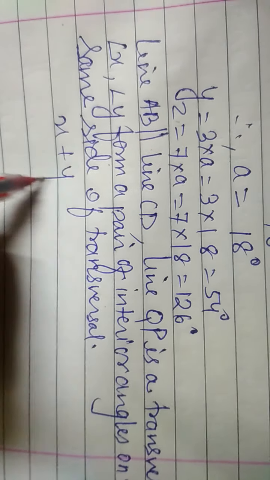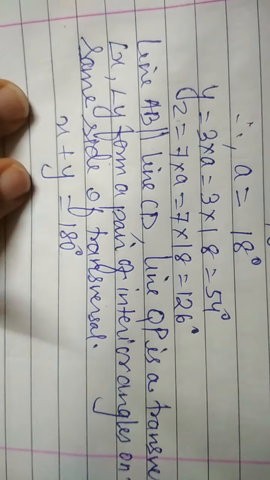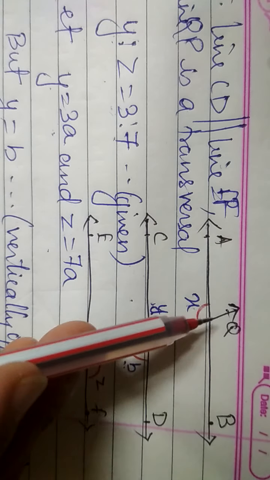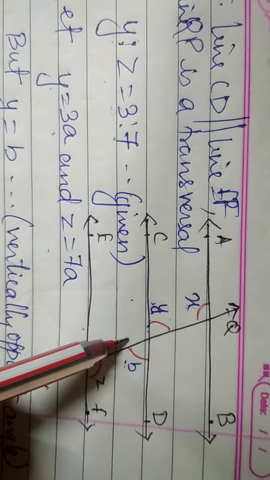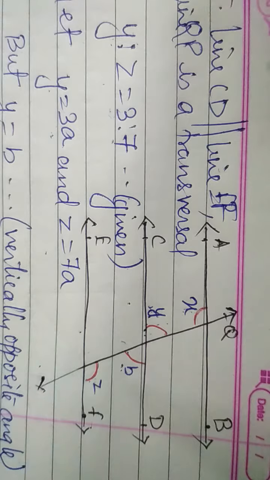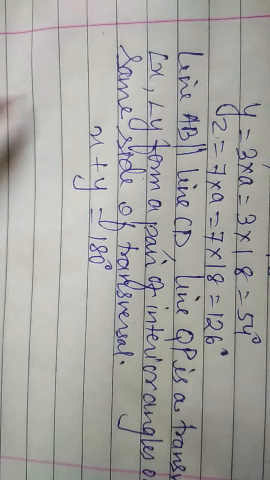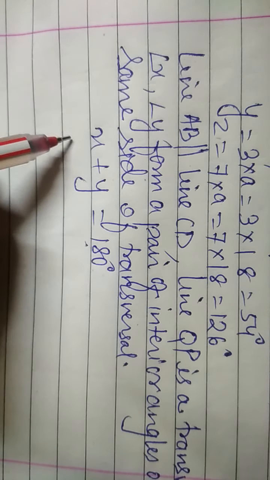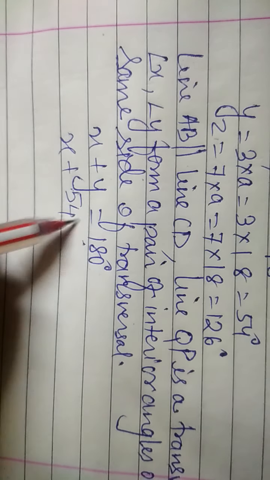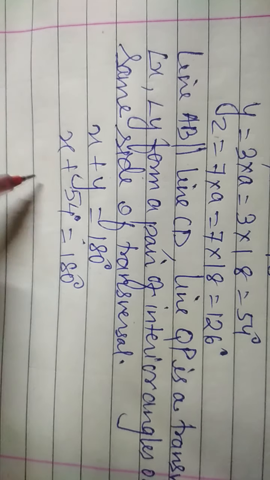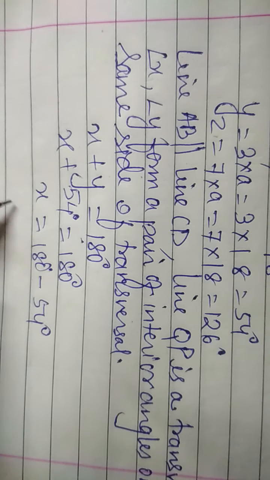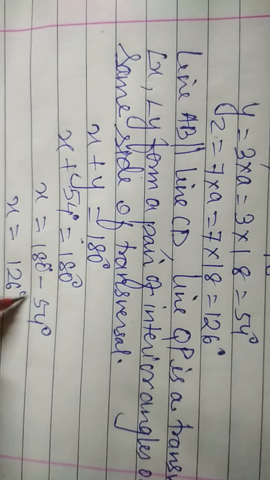So X plus Y equals 180 degree. Y value already we got, that is 54 degree. So we can find the value for X, that is 180 degree minus 54 degree. So X equals 126 degree.